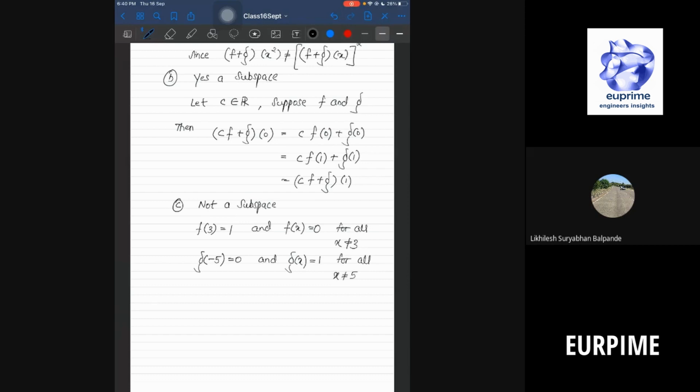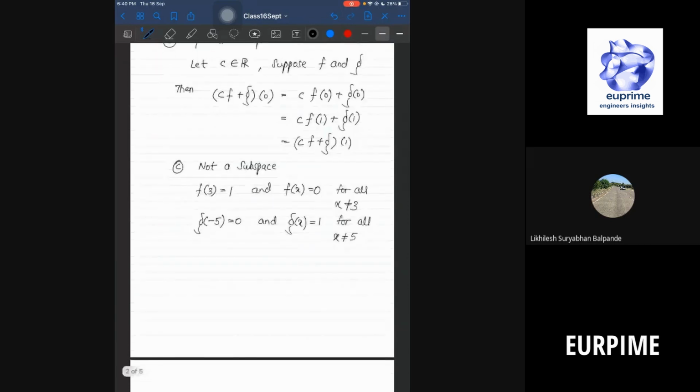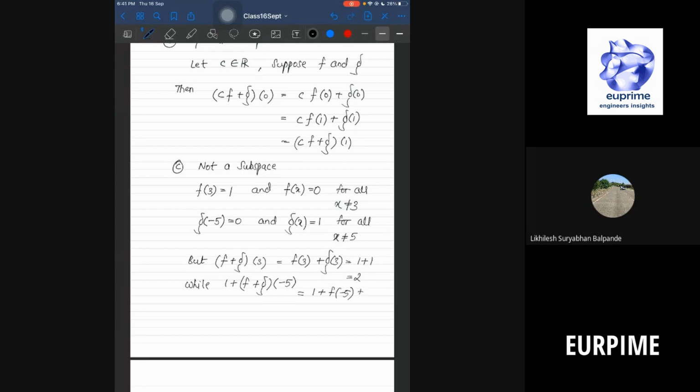Then both f and g satisfy the condition, but f plus g of 3 is equal to f of 3 plus g of 3, which is 1 plus 1, that is 2, while 1 plus f plus g of minus 5 is equal to 1 plus f of minus 5 plus g of minus 5.